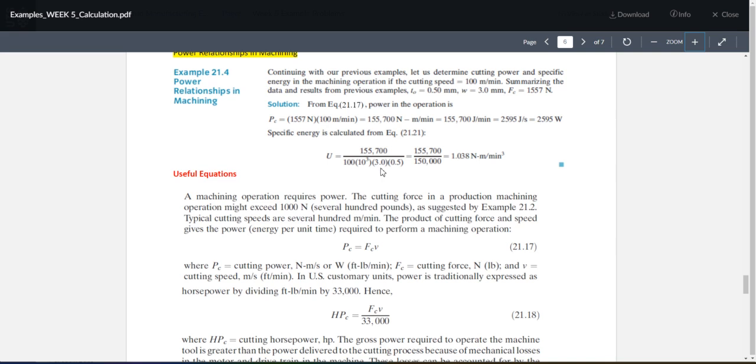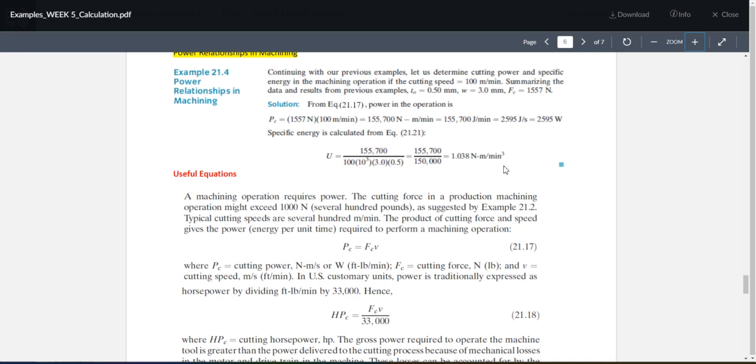So that's what you can see here, that we have 3 millimeters, 0.5 millimeters, and 100 meter per minute. Okay, and now we have millimeter per minute here, multiplied by the millimeter, multiplied by the millimeters. And we got here cubic millimeter per minute.